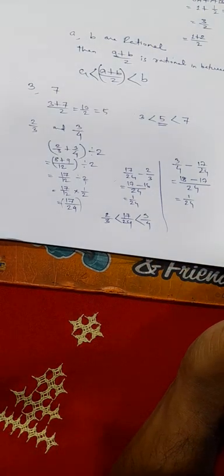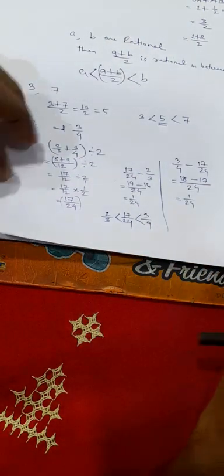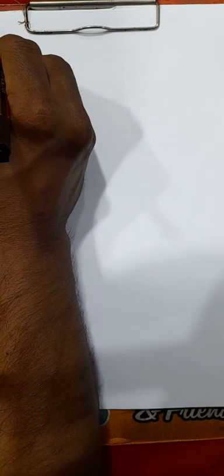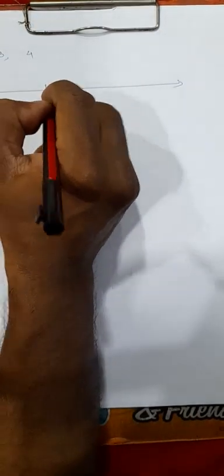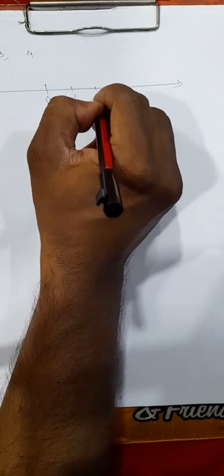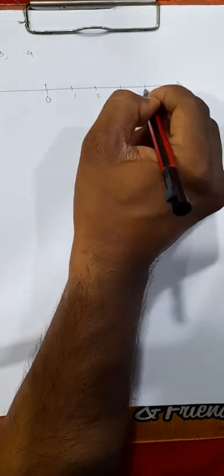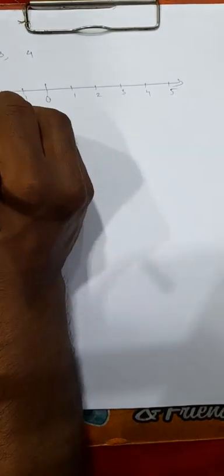Now say for example you are given to find three rational numbers. Suppose you want to find three rational numbers between 3 and 4. Now draw the number line again. 0, 1, 2, 3, 4, 5, and left side minus 1, minus 2.